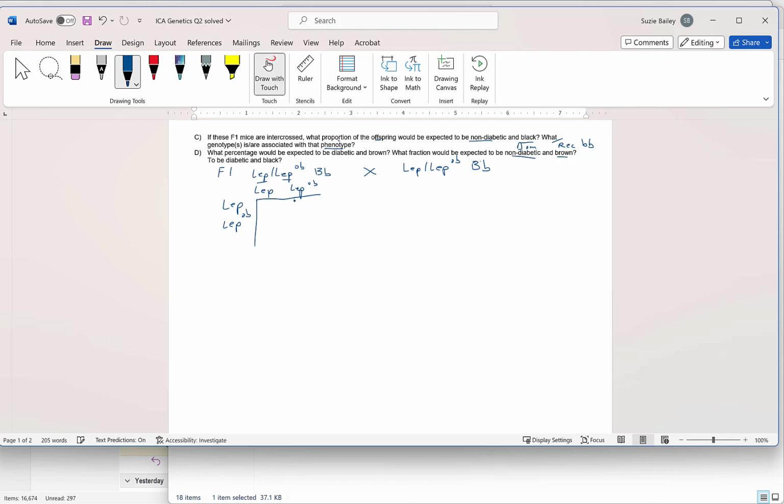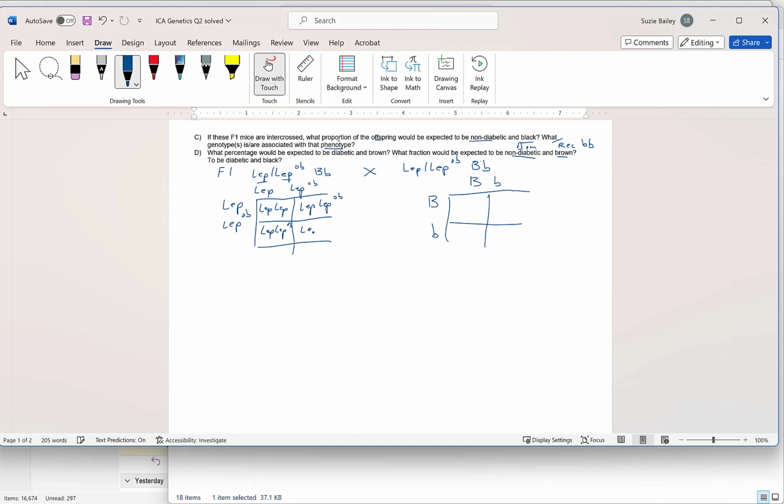So both of these F1s are going to be passing on one or the other of the leptin allele and one or the other of the B gene alleles, either dominant or recessive. And so this is a little bit easier to keep track of. LEP-OB, LEP-OB.